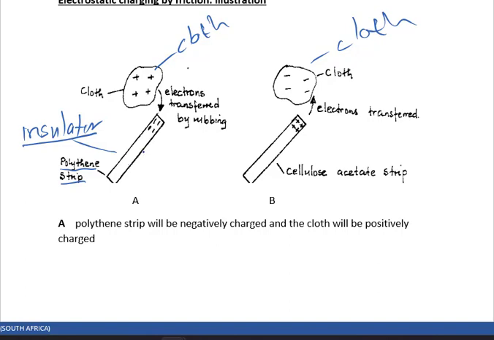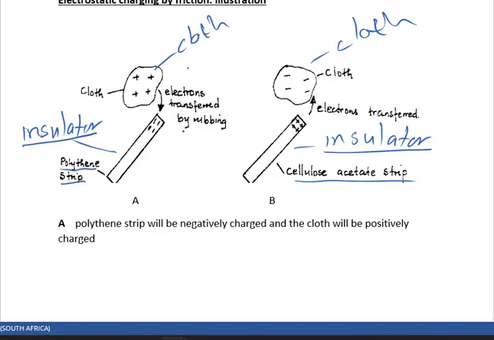Electrons or charges cannot move through it. And we have another type here, which is a cellulose acetate strip. It is also an insulator. The charges cannot move through it. It's an electrical insulator.